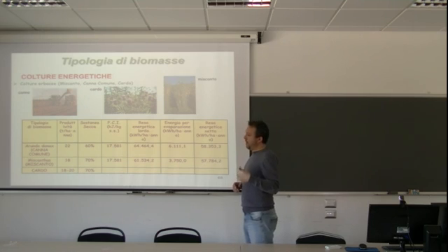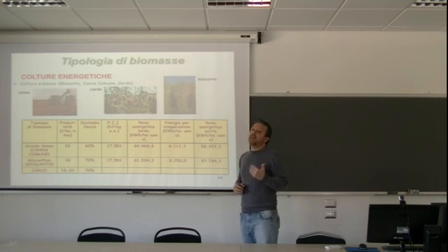So we have a crop with a lot of applications, and we are speaking about a crop that doesn't need water, that grows up in very bad fields. We tested it in very poor fields, and it grows up very well and doesn't need the water.